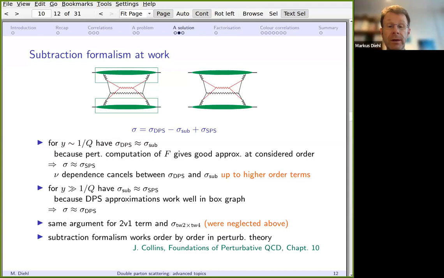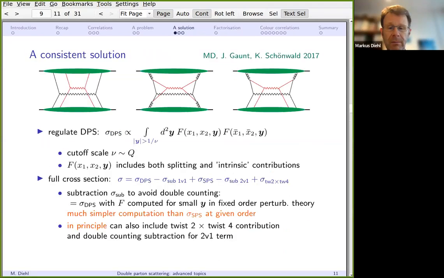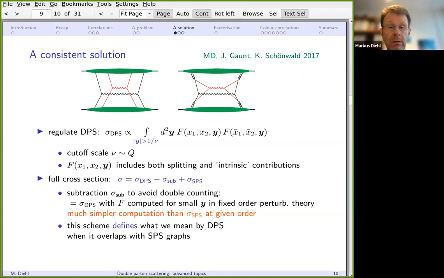Very good question, indeed. So the statement, didn't I even have it? I don't know, I might have forgotten to write it down. What you find is, you have a cutoff dependence here, and likewise in this term, because this is constructed the same way, only with different functions here. And the difference between these two, the cutoff dependence comes from the small y region.